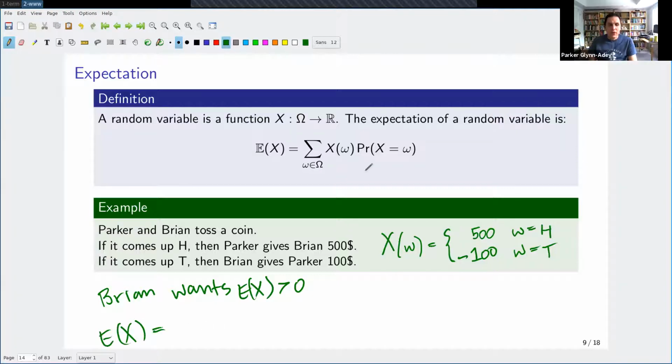So we're going to put in our values of x. We're going to get 500 times a half plus negative 100 times a half.